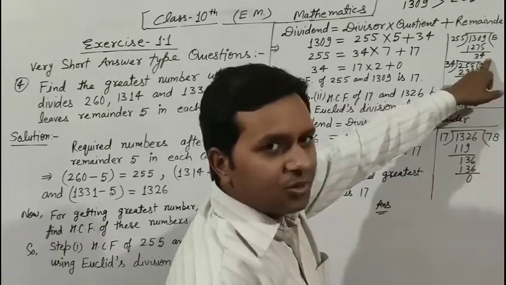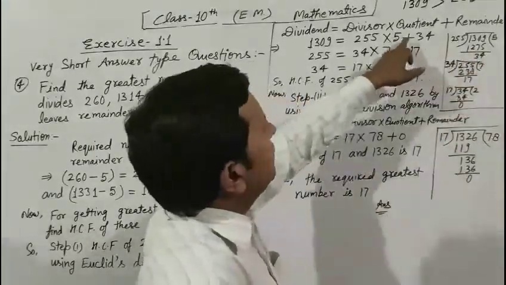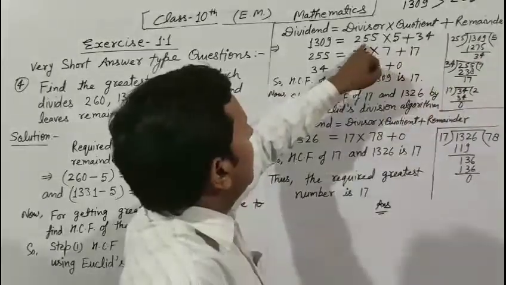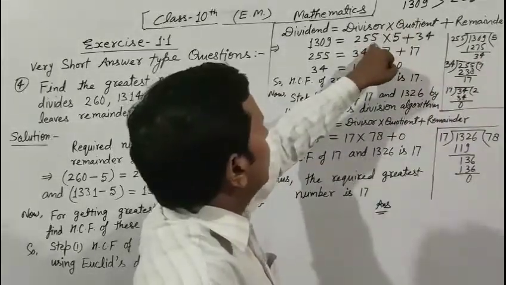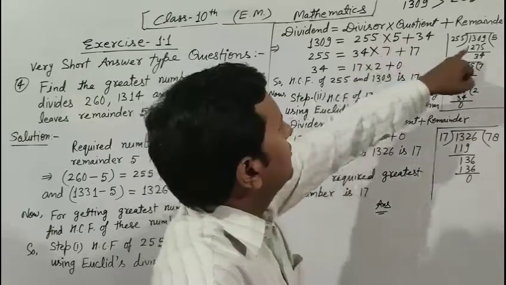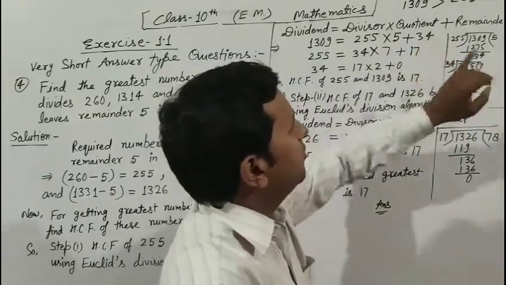So we put these values in our formula. The divisor is 255, already given, the quotient is 5 and the remainder is 34.